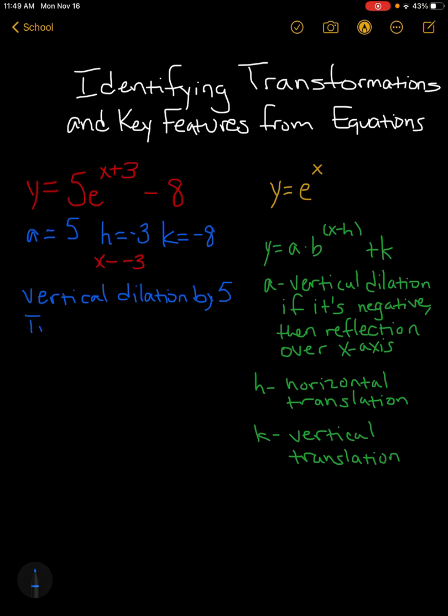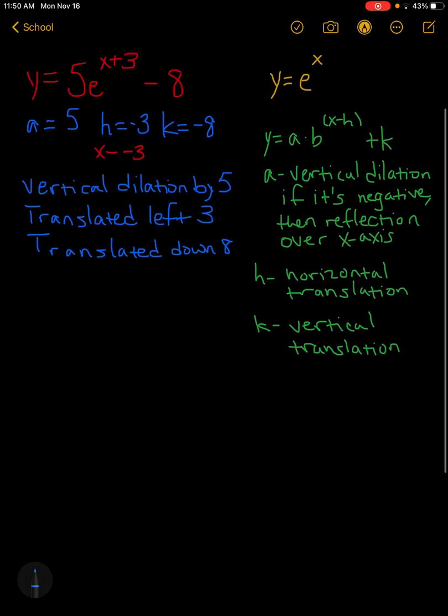So we can just say that it's translated left 3. Lastly, the k value, the -8, is going to tell me that it's translated down 8. So that's the transformations.